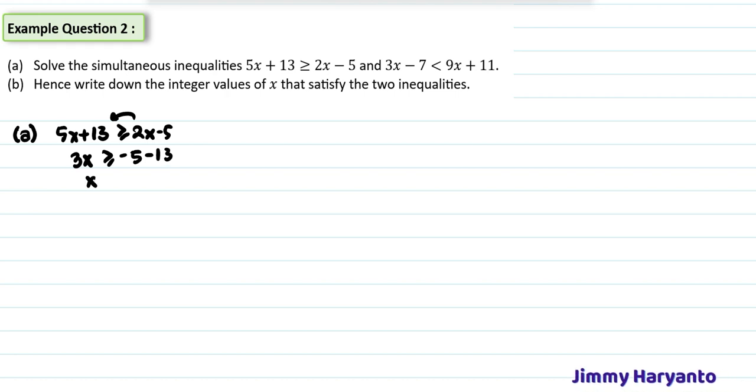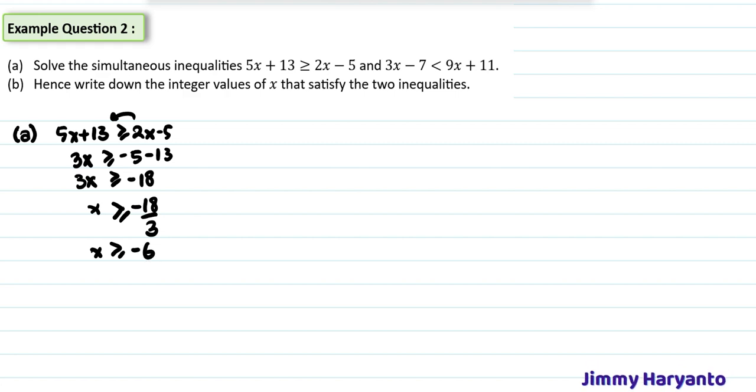So 3x is greater than or equal to negative 18, and then x is negative 18 divided by 3. This is a division of a negative by a positive number, so the sign will stay the same. So the final answer is x greater than or equal to negative 6.